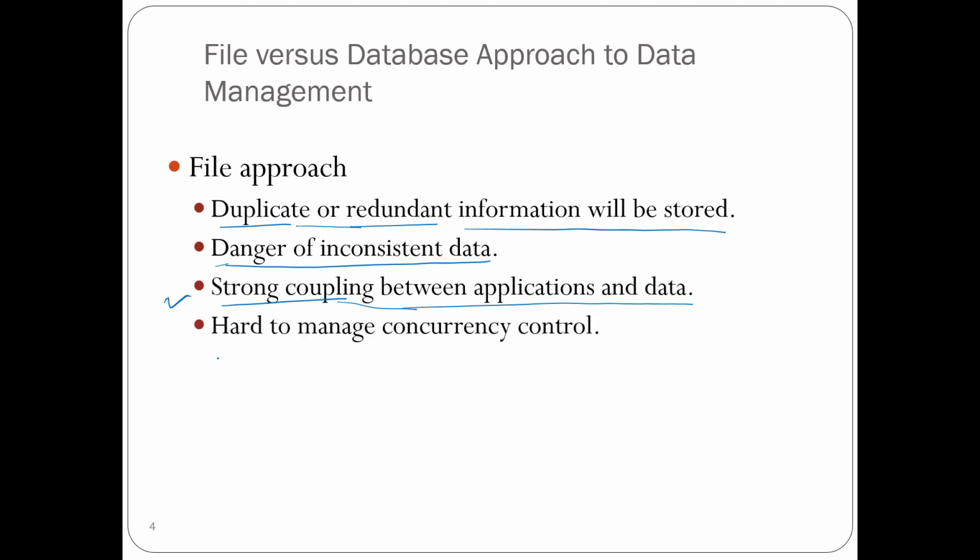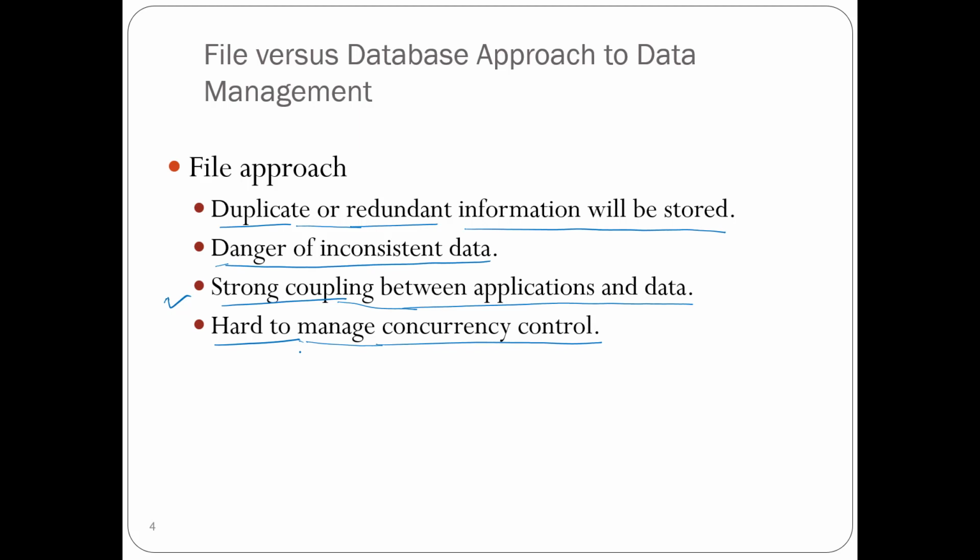Now here, because of these complications, it is very hard to manage concurrency control. Now, concurrency control may sound like a little heavy topic. Well, we will get into that later, but I can give you a very high level idea about concurrency control.